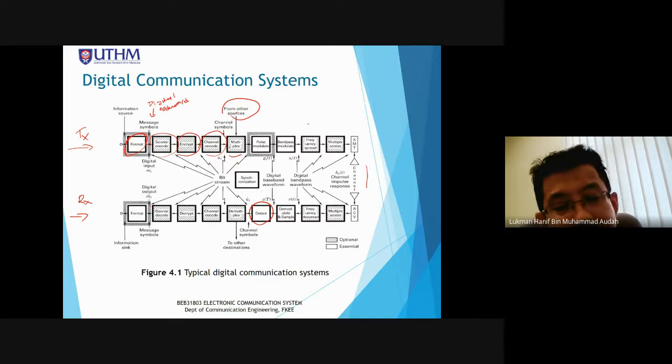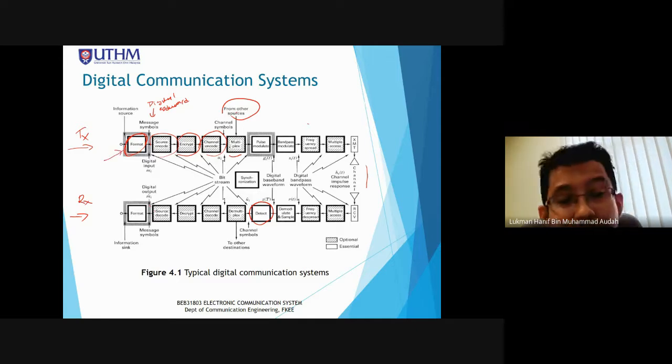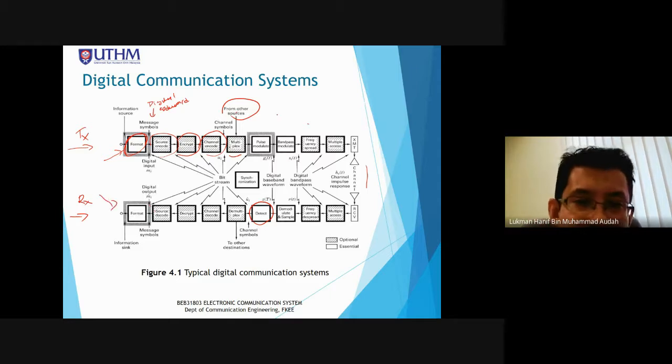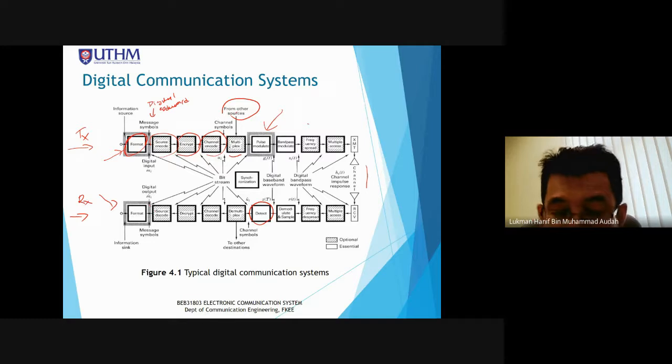So dalam syllabus you, kita banyak belajar tentang formatting process, okay, dan ada juga di sini pulse modulate. Dan bahagian lain ini tidak disentuh secara detail, hanya secara general sahaja.